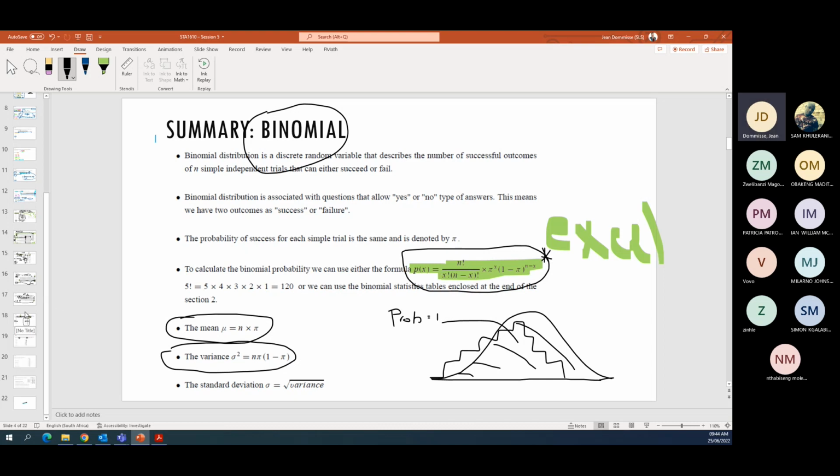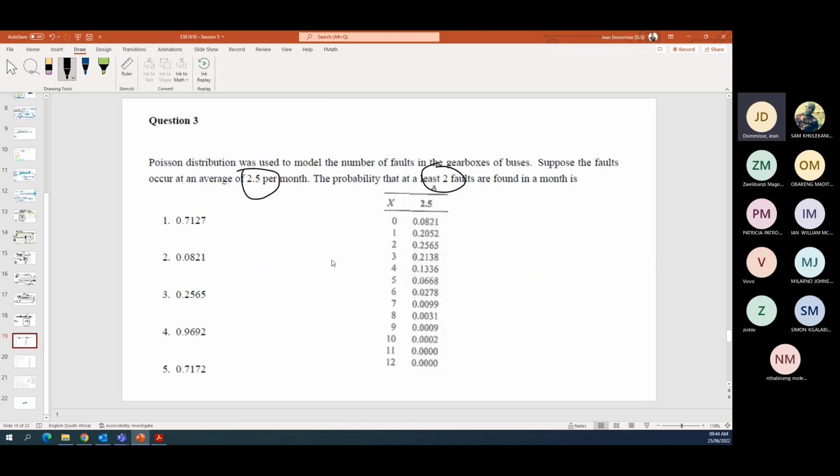And that is how the subject has changed as well. A few years ago, it was still closed book. You needed to remember your formulas.